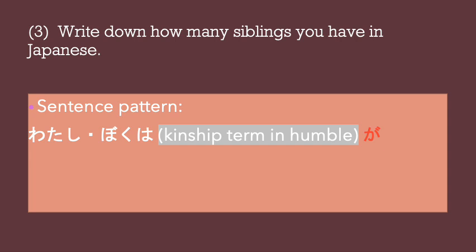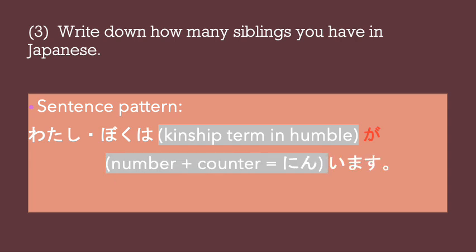Ga is a relational. And number and counter is nin for people. And no relational after. And imasu, to have. So I have a kinship term and how many people of that kind. That's what it means.